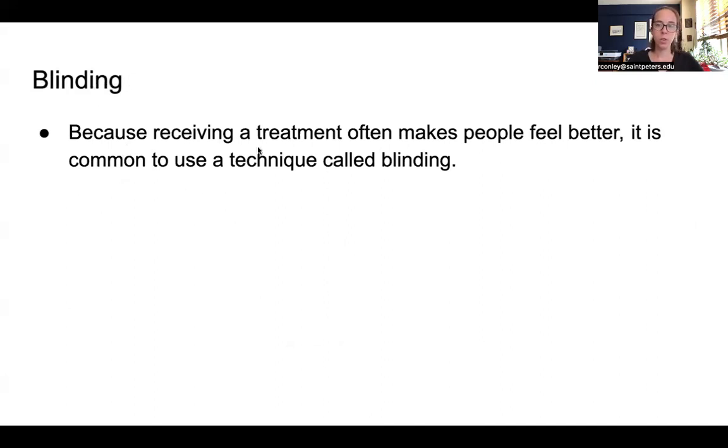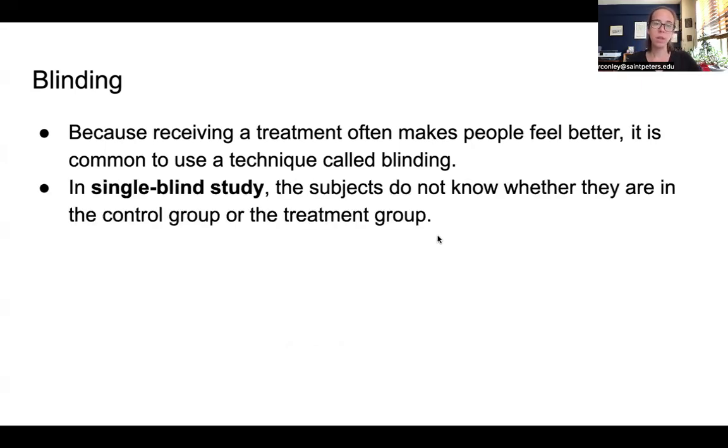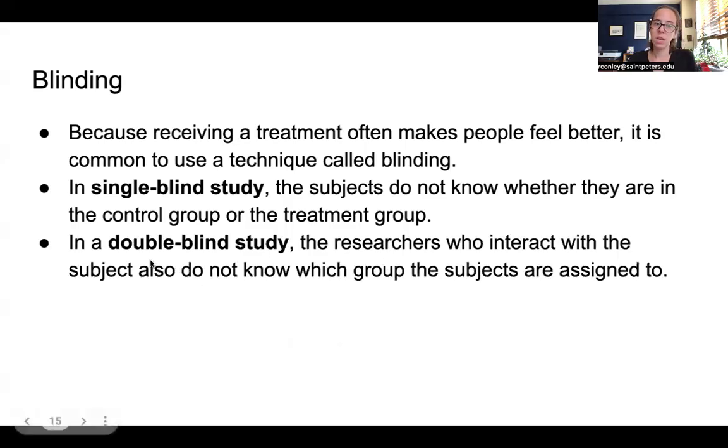Because receiving a treatment can make people feel better, whether or not it's actually an effective treatment, there's another technique that's used that is called blinding. In a single blind study, the subjects do not know whether they're in the control group or the treatment group. In a double-blind study, not only do the subjects not know, but the researchers who are interacting with the subjects also don't know which group the subjects are assigned to.